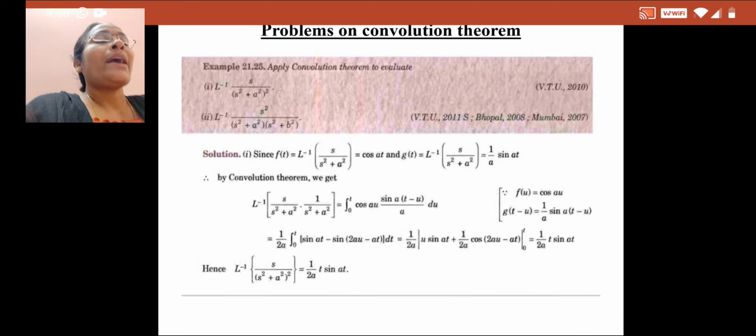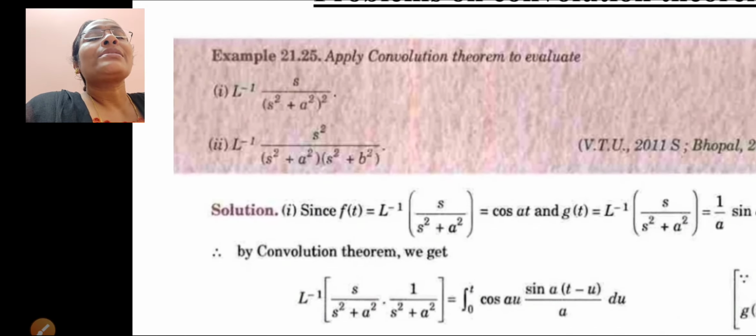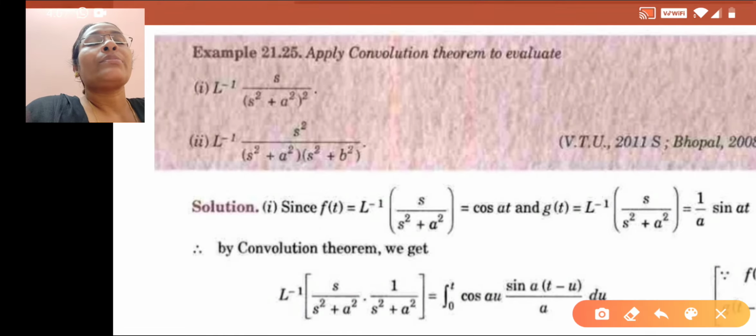But if the examination mentions clearly, apply the convolution theorem to evaluate L inverse of s by s square plus a square whole square, in that situation we compulsorily have to go for the convolution theorem to find the inverse Laplace transform.